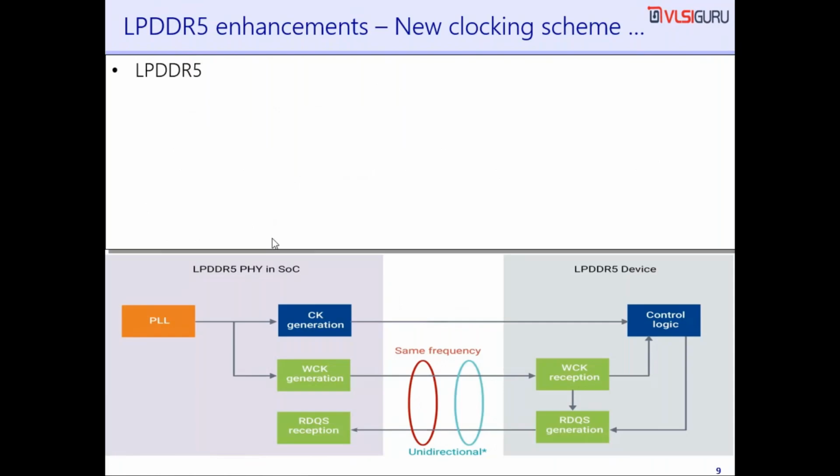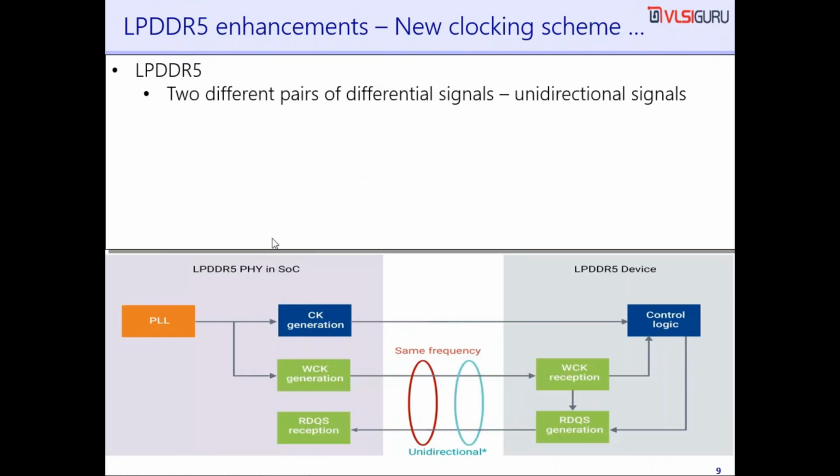Coming to LPDDR5, the clocking scheme has been changed. There are two different pairs of differential signals, and they are unidirectional. One is the write clock, WCK, and one is RDQS. WCK is used during the writes, and RDQS is used for sampling during the reads.